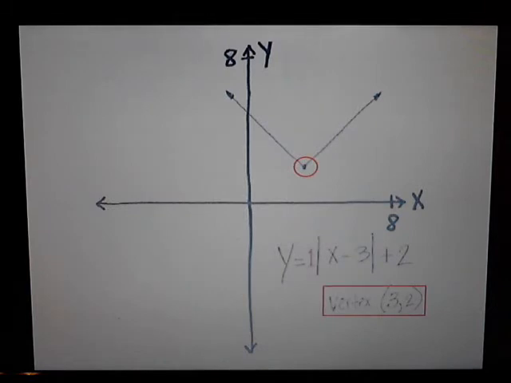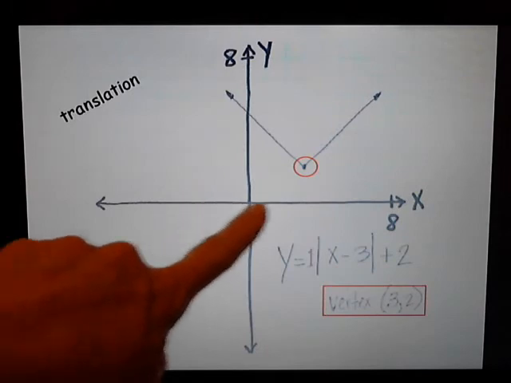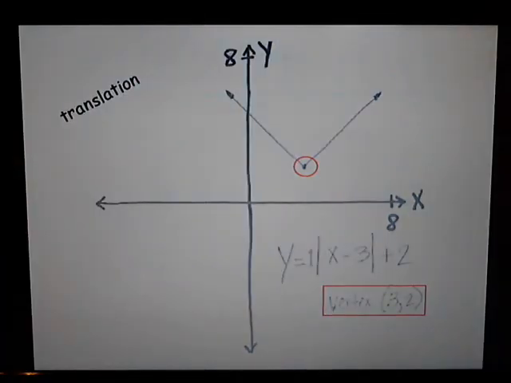Well, that (3, 2) is somewhere within your equation. And where do we get that? This is a translation, which we will go through. It has gone from your parent function, which was right here at the origin, and it has been translated, and we will go through those.